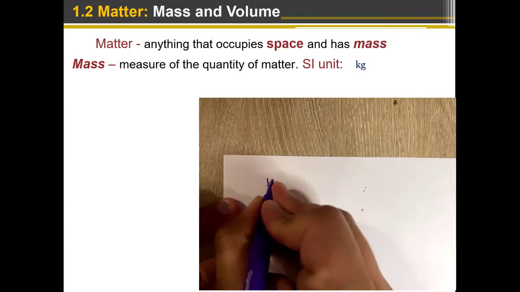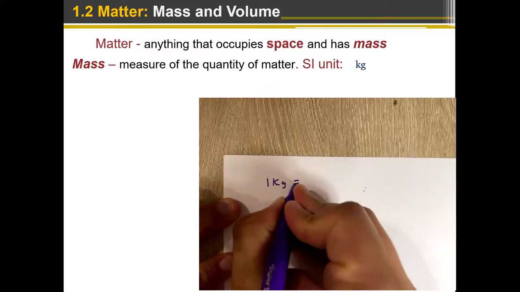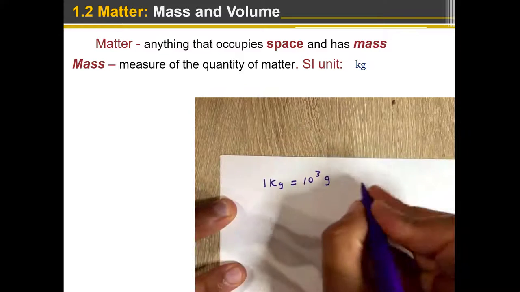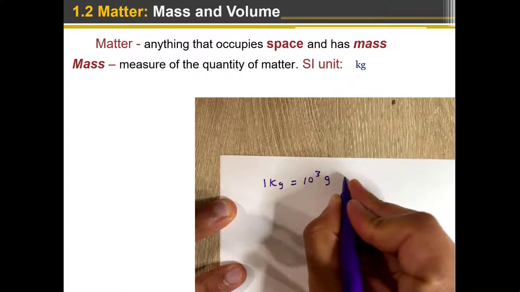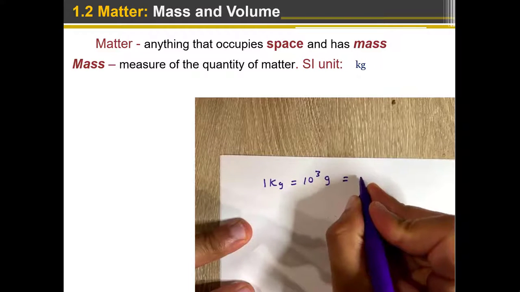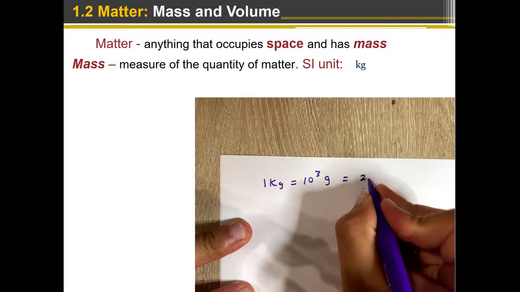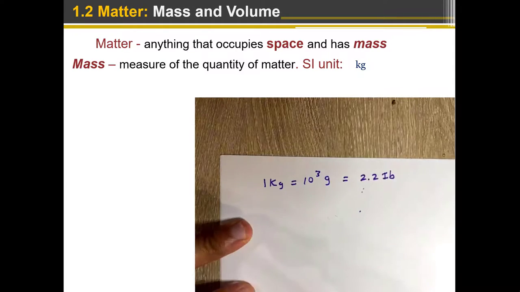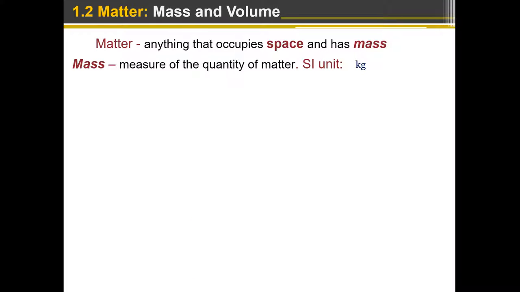So 1 kilogram equals 10 to the power 3 of a gram. And also in the American system, we use pounds, and the conversion factor from kilogram to pounds is 2.2 pounds per kilogram. The second basic property is volume.